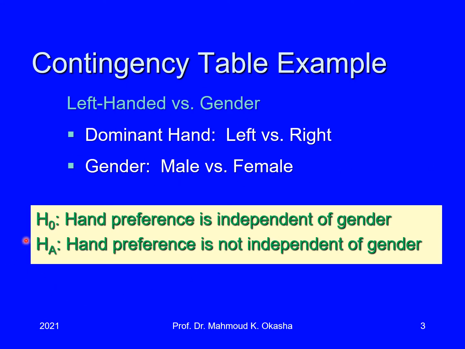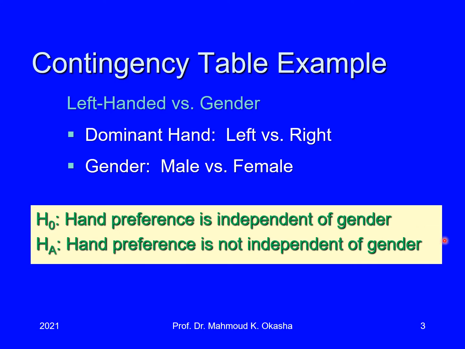So the null hypothesis is hand preference is independent of gender. That's always the null hypothesis for analysis of contingency tables. Always the null hypothesis of the contingency table test or chi-square test is that the two variables are independent.